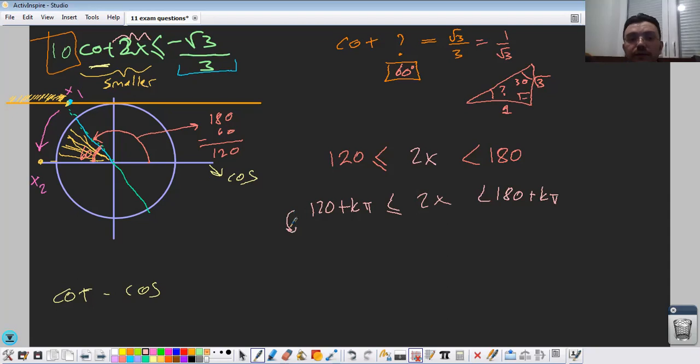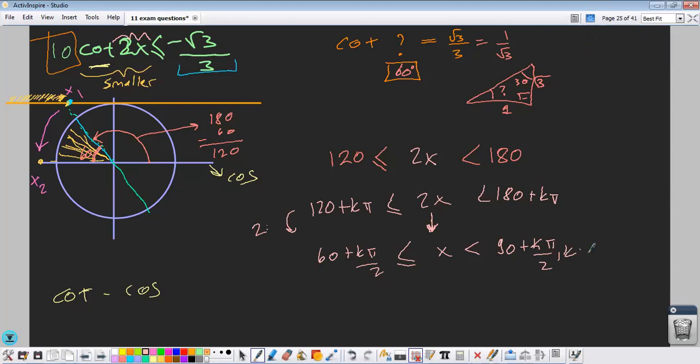Then we divide everything by 2. 60 plus k pi over 2, a single x. We divide by 2 because we want to get a single x, since there are two x's, and 90 plus k pi over 2. That will be the result, and you should insert in here k element of integers.